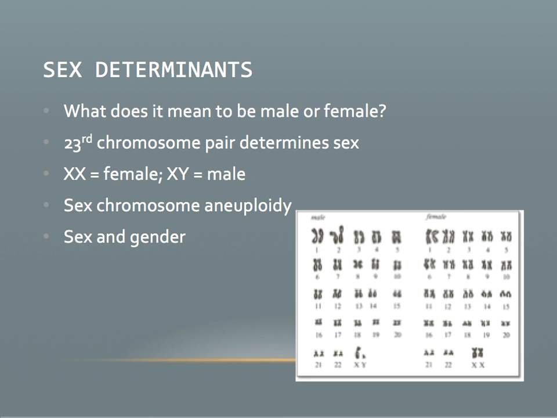But they often have typical intelligence. So it's more surrounding the reproductive system and primary, secondary sexual organs. This occurs in 1 in 2,000 to 1 in 5,000 people.